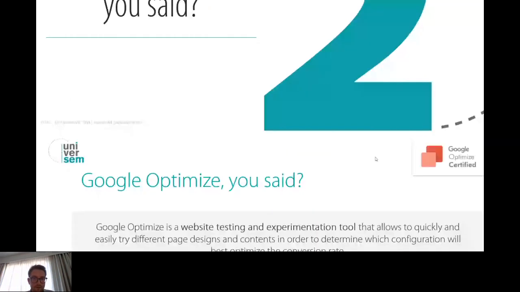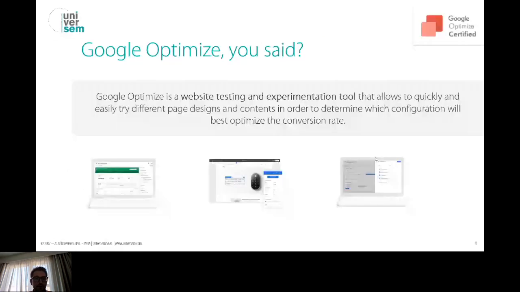So let's see what happened with Google Optimize now. So it's a free tool, so you should all be using it. Actually, it's very easy to implement and super easy to configure, to just launch a test. It can be really fun. So if you have some pages on your website you would like to test, just do it.